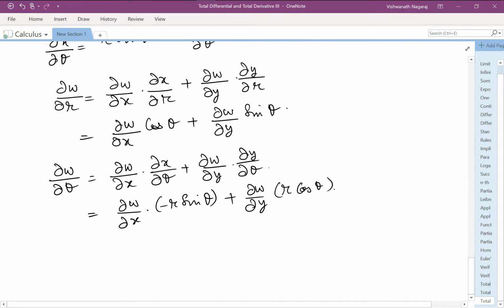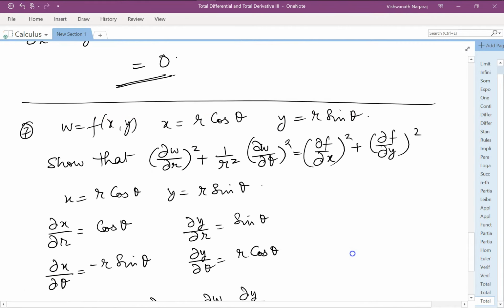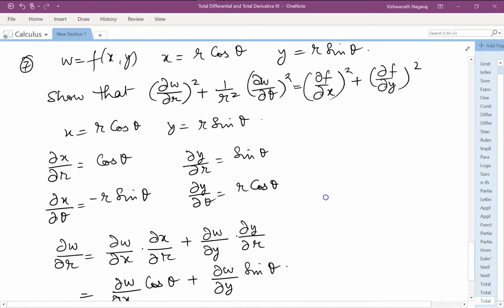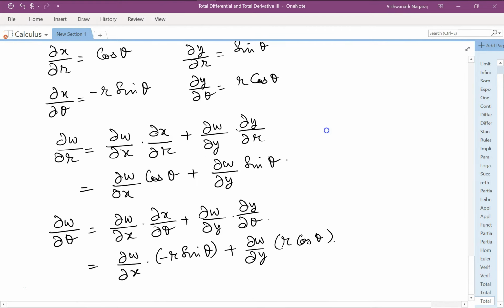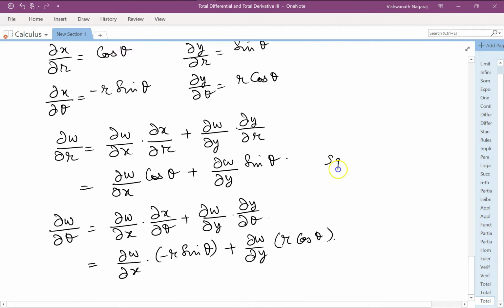Now we have to square these two, which is what we have to show now. Square of this and square of this. Let's square and square.